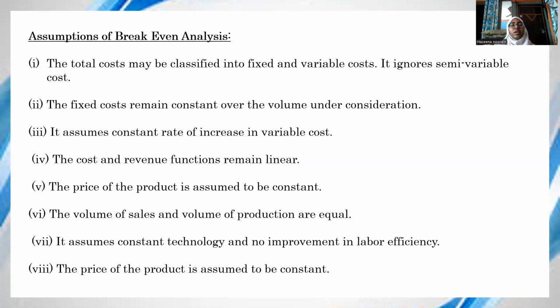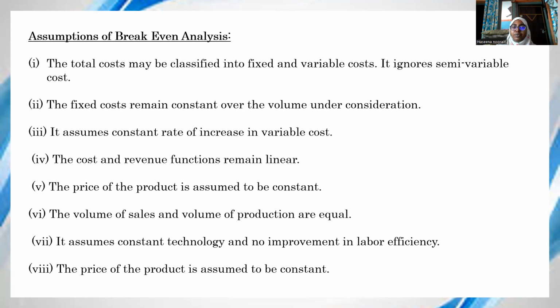Now let us understand the assumptions of break-even analysis. The total cost may be classified into two types, that is fixed and variable cost. It ignores semi-variable cost. Here, the costs remain constant over the volume under consideration as they are the fixed cost. It assumes a constant rate of increase in variable cost depending upon the situations or marketing conditions.